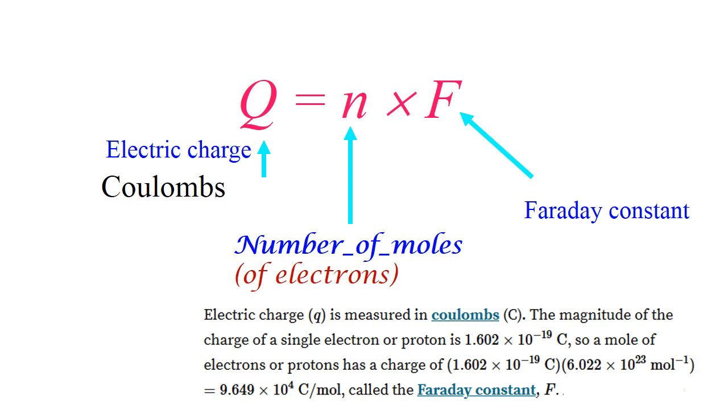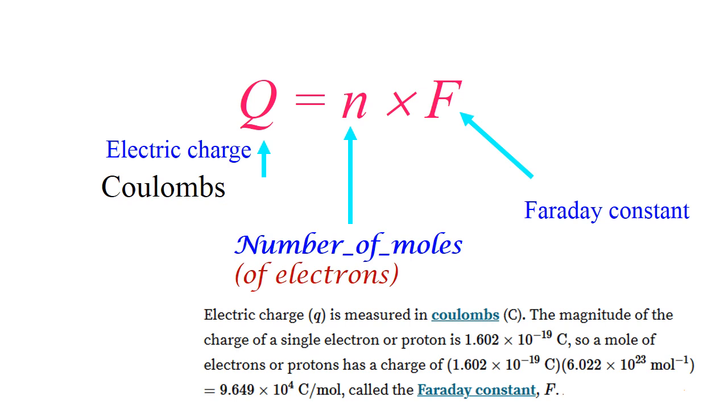There is a relationship between units used in chemistry and units that are used in electricity. In chemistry, we prefer to count everything in moles. So how much charge will be in 1 mole of electrons?